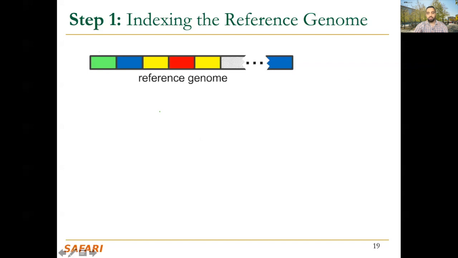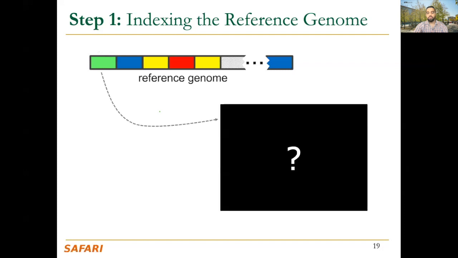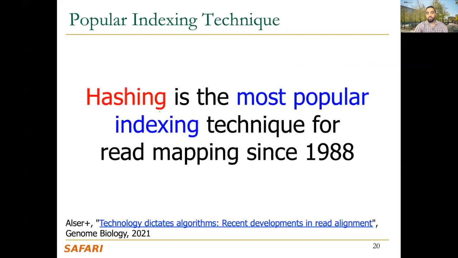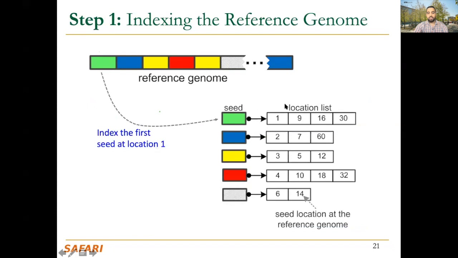Again, to sum up, just to show you this step by step, we get the reference genome and we convert it to something else. What do we convert it into? The most popular indexing technique is hashing, or a hash table. And this was first used in genomics in 1988. Now assume we build the hash table, which you can think of as having 2 columns, or buckets.